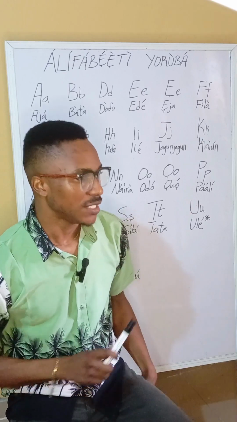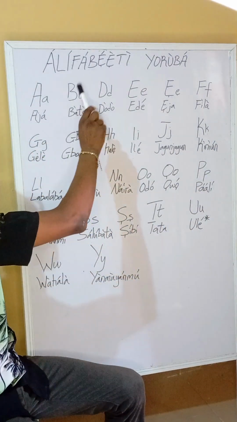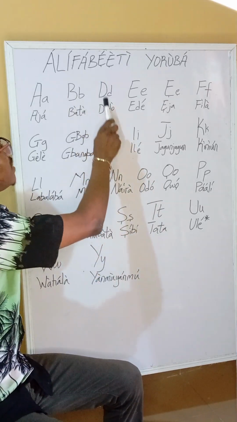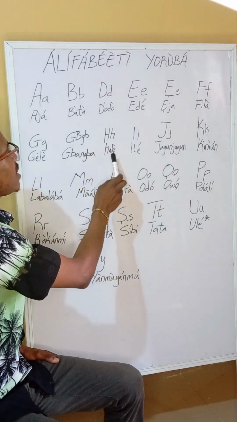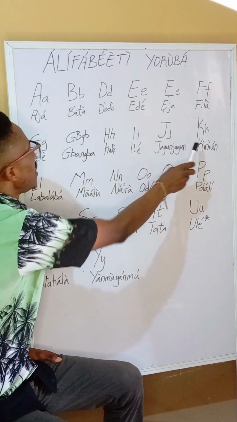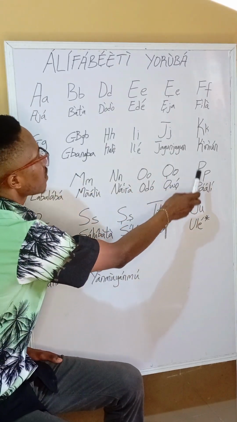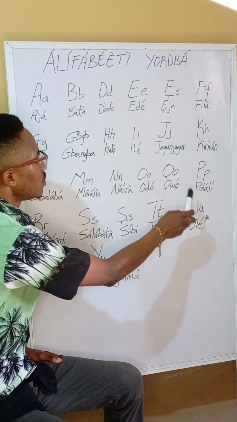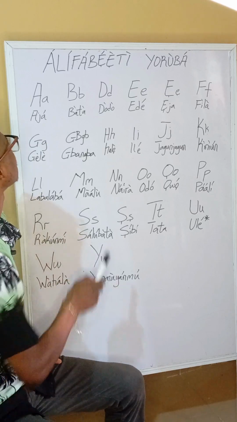So let me take you through this. Yoruba alphabet: A, B, D, E, F, G, Gb, H, I, J, K, L, M, N, O, P, R, S, Sh, T, U, W, Y. I'll take that again.